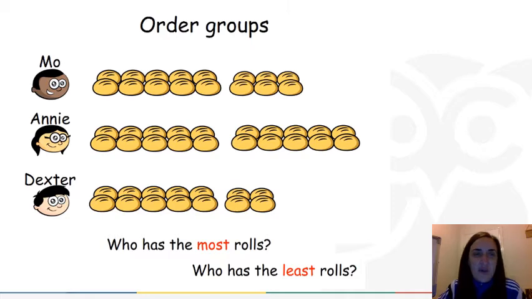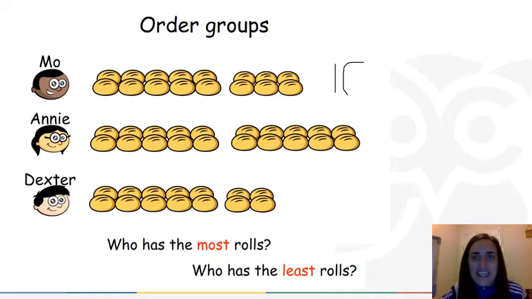So the first thing that we need to do, and I'd like you to pause the video, is count how many bread rolls each of our friends has. We've got Mo, Annie and Dexter. Pause the video and count them carefully. So Mo, how many did you count for Mo? Mo's at the top. 16.